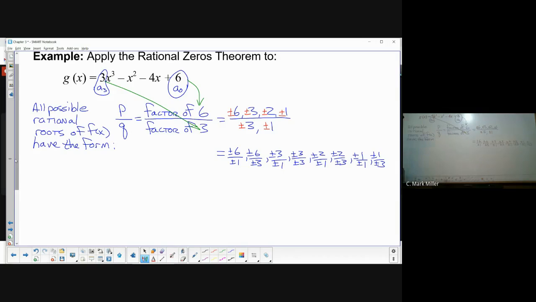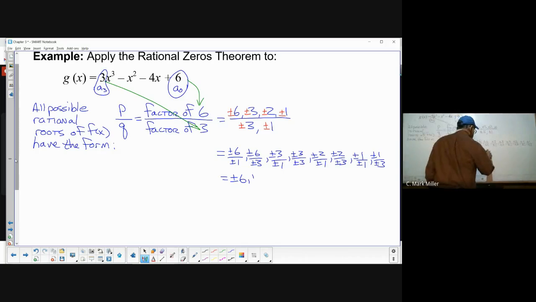Well, I start off my list. I have plus or minus 6 divided by plus or minus 1 is going to be plus or minus 6. Does everyone see where that comes from? Similarly, plus or minus 6 divided by plus or minus 3, 6 divided by 3 is 2.